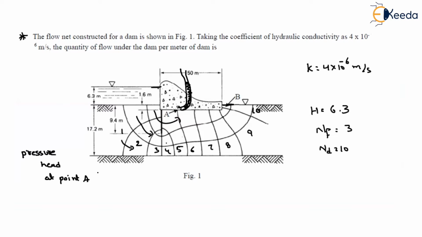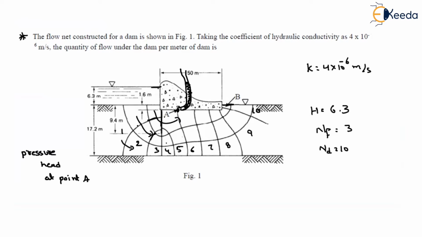Isn't it? The pressure head is nothing but the head left at that point. What is the head level between upstream and downstream side? The maximum hydraulic head is 6.3 meter. By the time we reach point A, how many heads are dropped? From here to here 1 head, and from here to here another head, and from here to here 3.